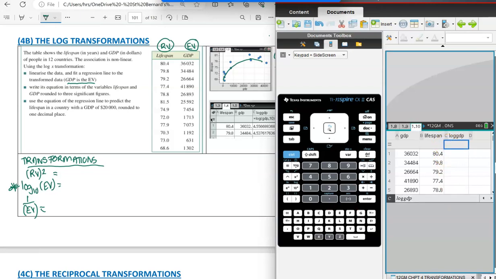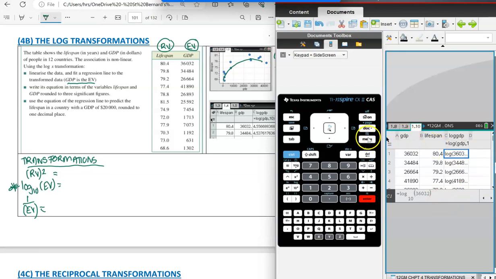You could call it anything, LGDP, whatever. Now, underneath, press equals. I need to get the log function up, so control, log 10x. It's always log 10. Inside it, I'm going to write GDP because that's what I want to log. The calculator's now done it.